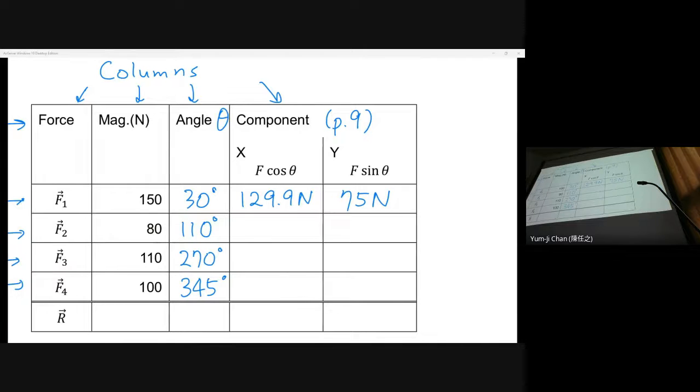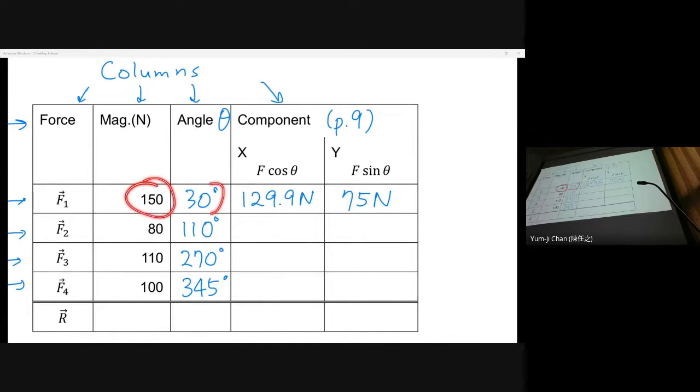This one is simply 150 times cosine 30 degrees, and if you have a calculator with you, you can try to calculate it and see if the answer is correct.